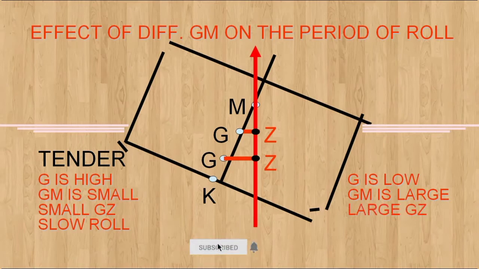And it is proportional to GZ or righting arm. So we have also a large righting arm. And it affects the rolling period to become faster. And we call this condition stiff. Right?